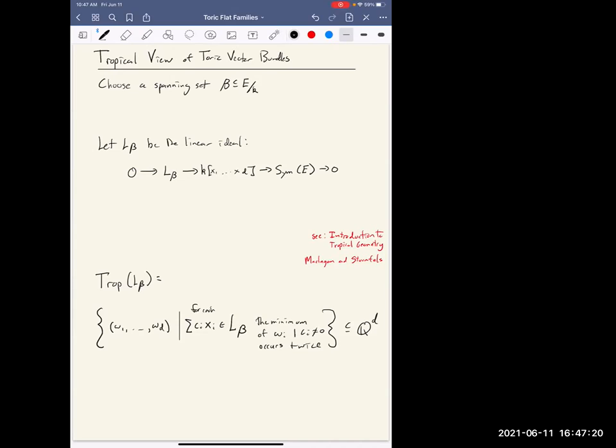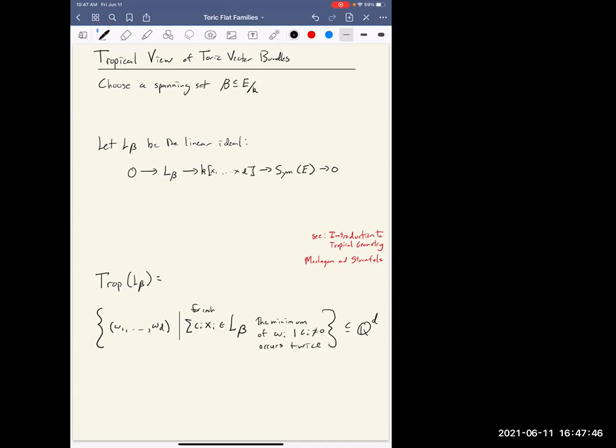For a spanning set of our model vector space, for all intents and purposes just some spanning set of some vector space, which we want to secretly think of as the general fiber of a toric vector bundle, I'm going to let L sub B, where B is the spanning set, be the ideal that vanishes on that spanning set. So it's just some nice linear ideal.